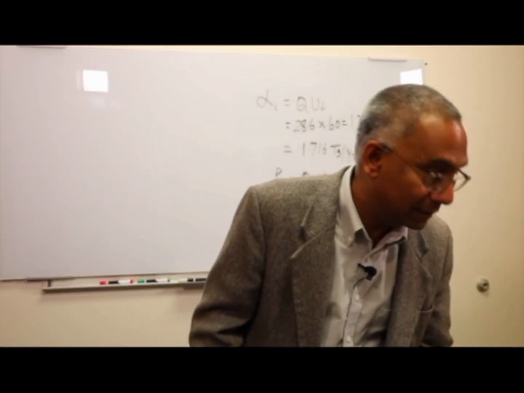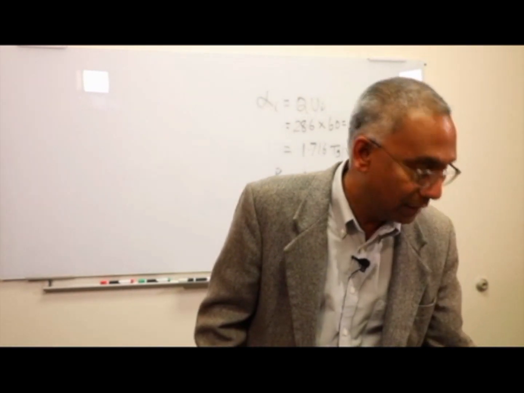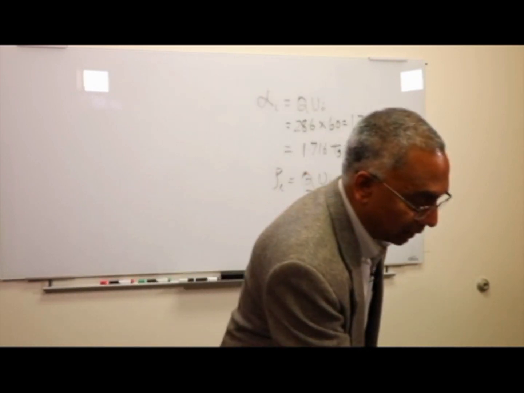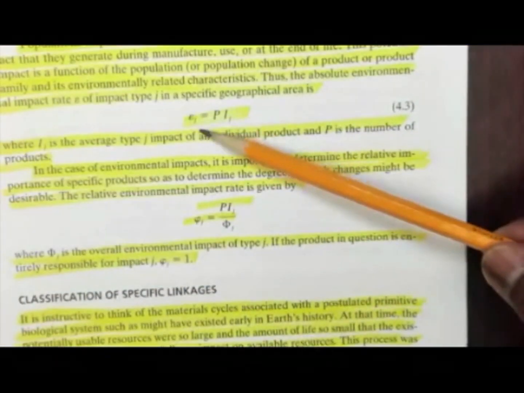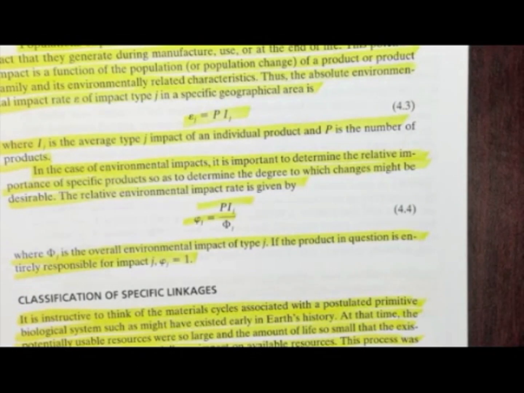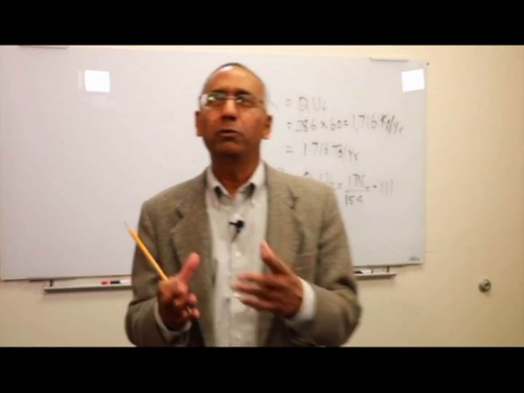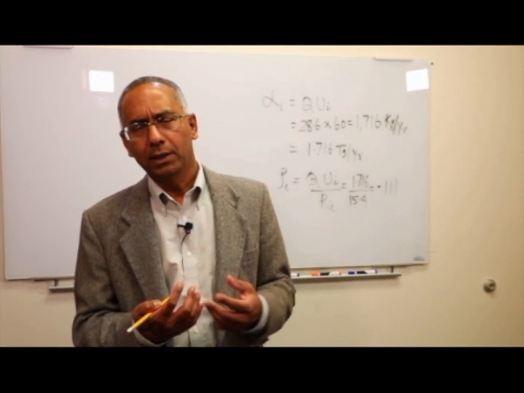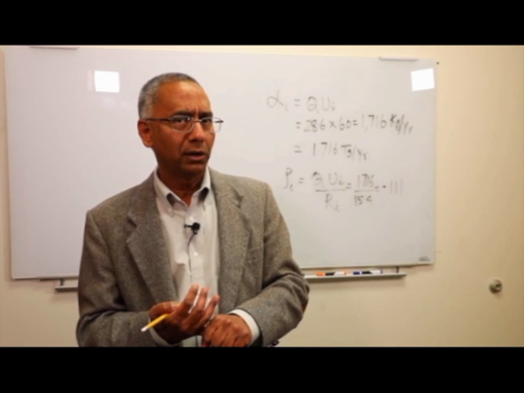There's another formula that's not in your handout, which is this. We can also talk about the environmental impact, and we have the subscript j. So the environmental impact of the jth kind is given by epsilon j. What do we mean by the jth type? There are different kinds of environmental impact. There is global warming potential.